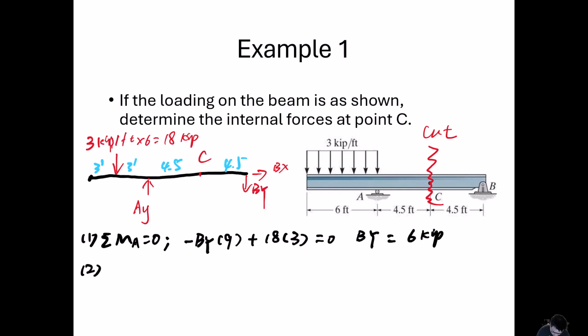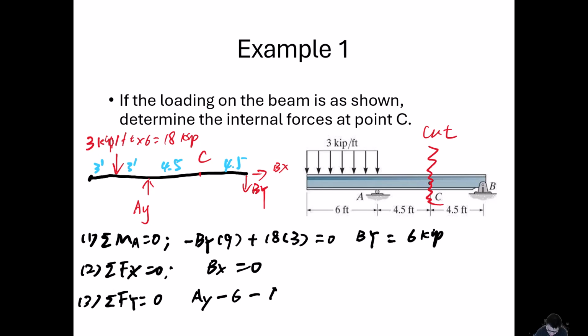Then sum of Fx equals 0, so Bx equals 0. Then sum of Fy equals 0: Ay minus 6, which is By, minus 18 equals 0. You can solve Ay is 24.